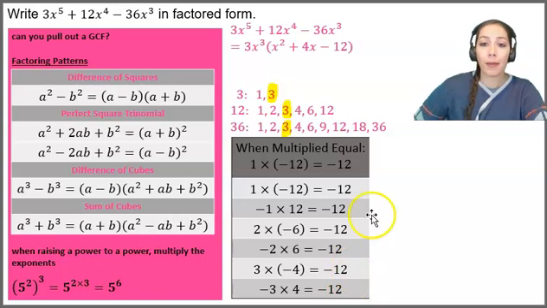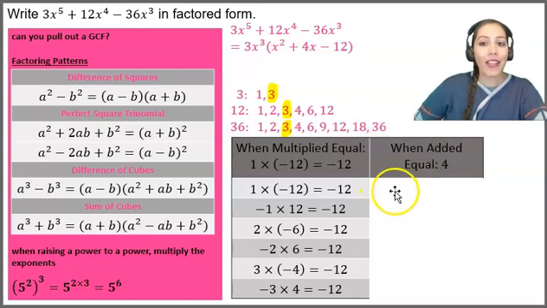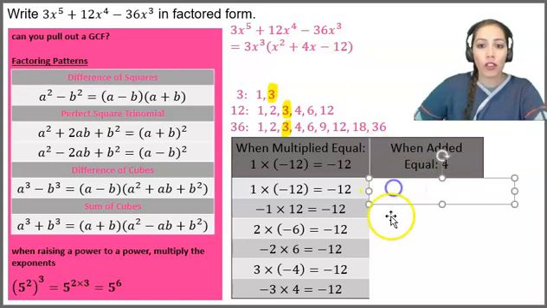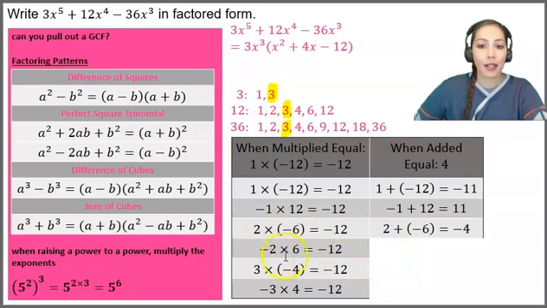Now the next step is to look at the number in the middle. In standard form, ax squared plus bx plus c, we have our b, which is 4. Added together, they have to equal 4. So 1 plus negative 12 is negative 11. Negative 1 plus 12 is 11. 2 plus negative 6 is negative 4.